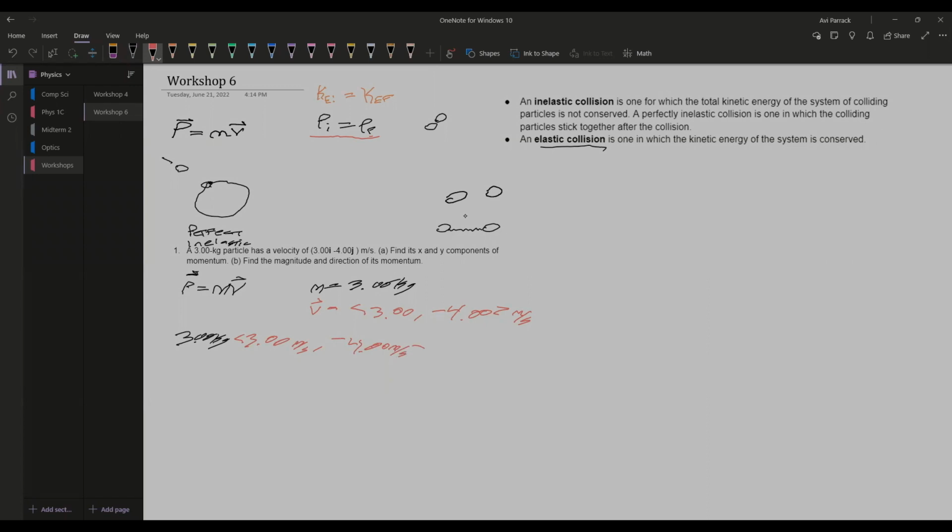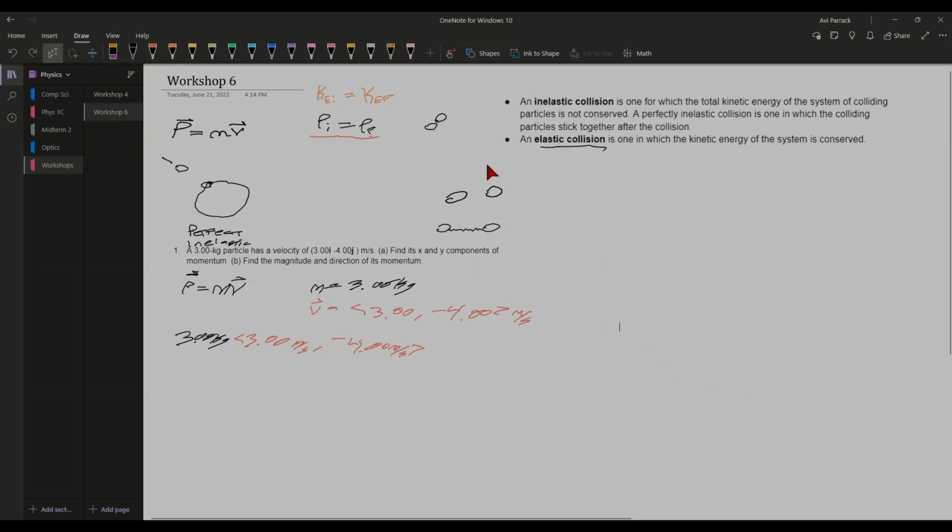And you might also see the i's and j hats in here. You might see x hats and y hats, and that all means the same thing. We're just referencing the direction. I've chosen not to write them in here because I like the vector notation with the brackets and commas. But it's the same thing. I could have written it the other way.